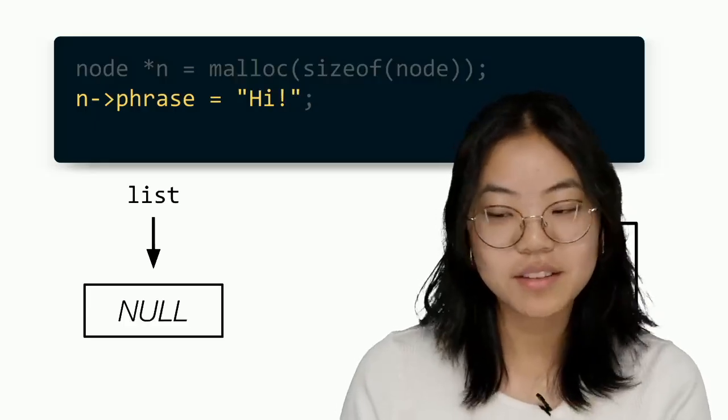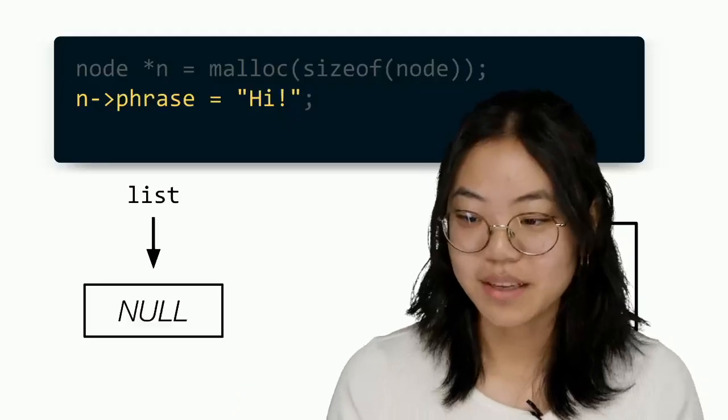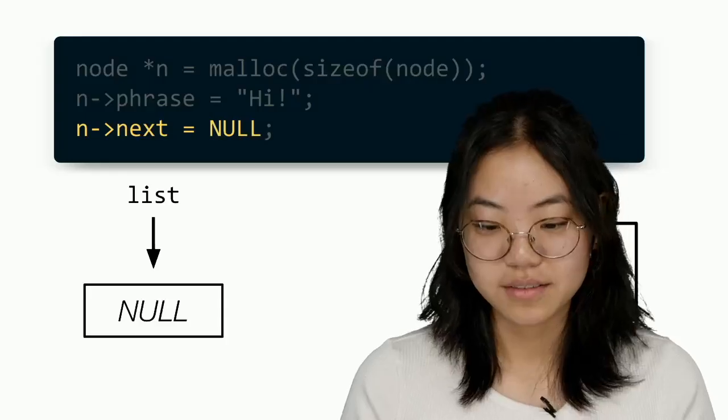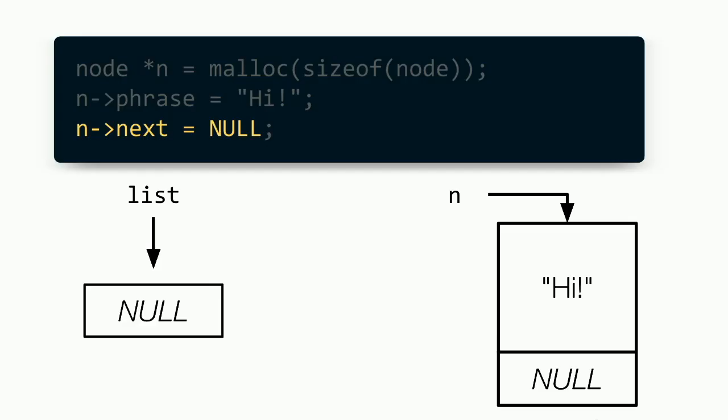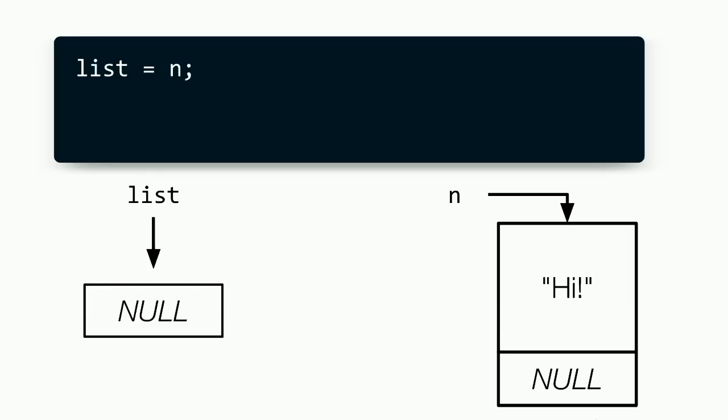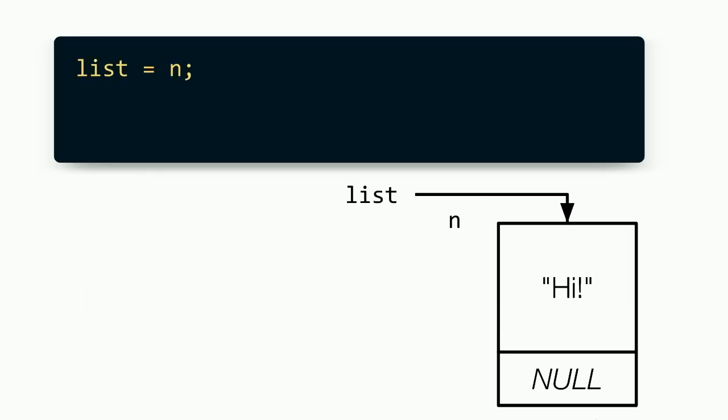But if I don't have another node, then exactly, it should be pointing to null. So this indicates that my list is only this one node long and that there's no node that comes after my n node. So then I'm going to reassign list to n so that this is now the head of my list. So I have list, which is a pointer, pointing to the head of my list.